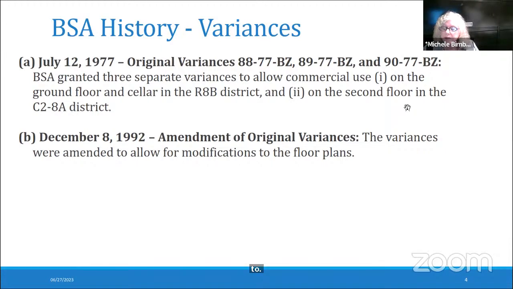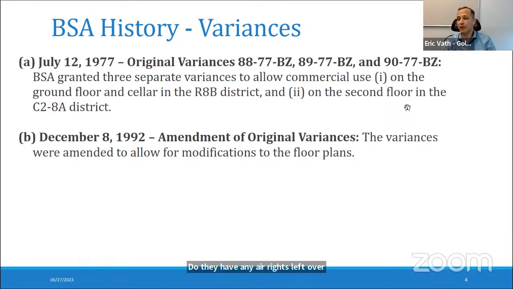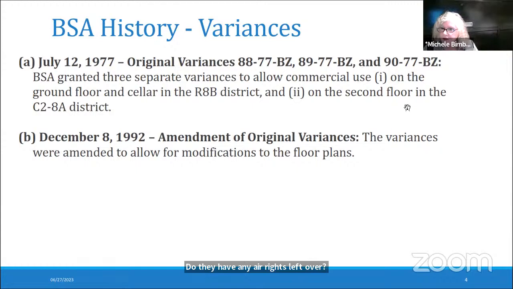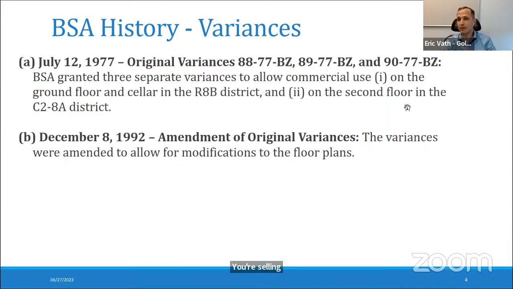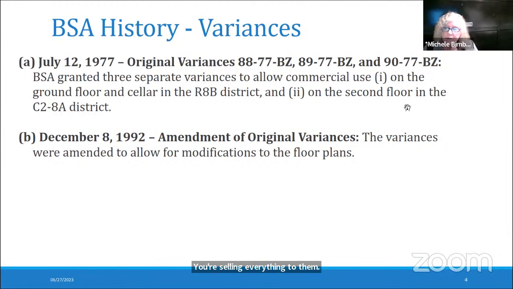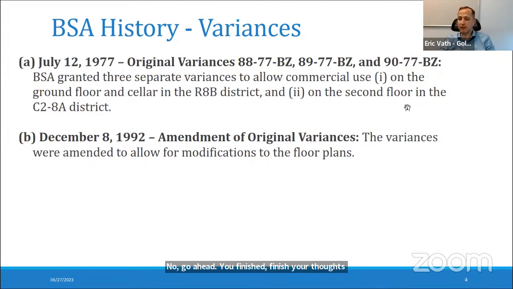Now, the site that is selling the air rights, after they sell the amount that you stated to the receiving site, do they have any air rights left over? No, we're selling off everything in the C2. You're selling everything to them. Right. And that's why there's going to be cantilevers, because effectively the building could never be enlarged.